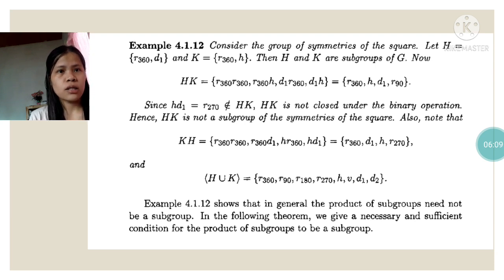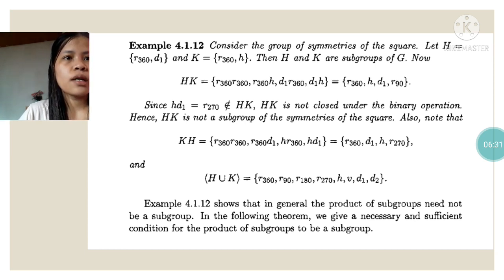Let H is equal to R360, D sub 1 and K is equal to R360, H. Then H and K are subgroups of G. Now HK is equal to R360, R360H, D sub 1 R360, D sub 1 H, which is R360, H, D sub 1, R90.